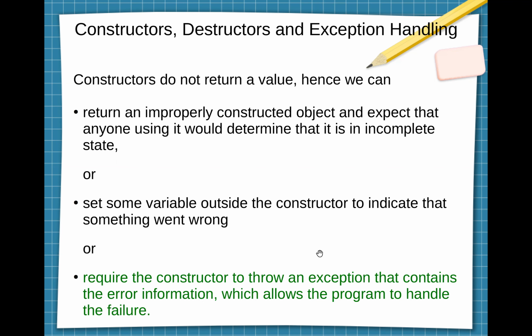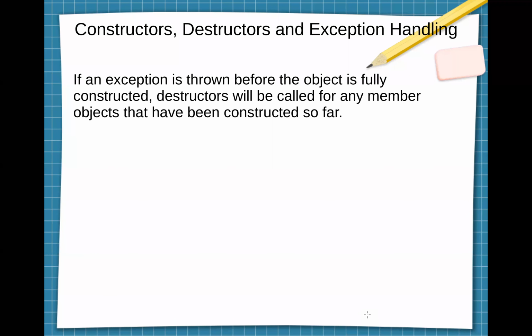Now, the other option that we actually prefer to use is to throw an exception. So we might require the constructor to throw an exception that contains information about the error, right? And it will allow the program to handle the failure. So we do allow throwing exceptions from constructors. Now, if an exception is thrown before the object is fully constructed, the destructors will be called for any member objects that have been constructed so far.